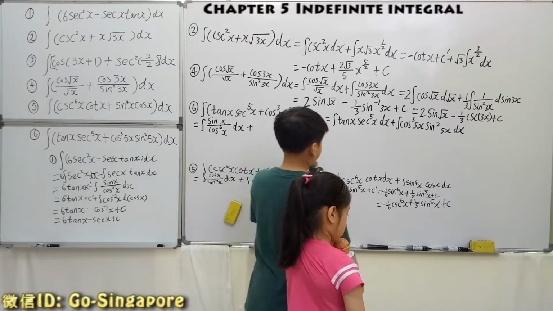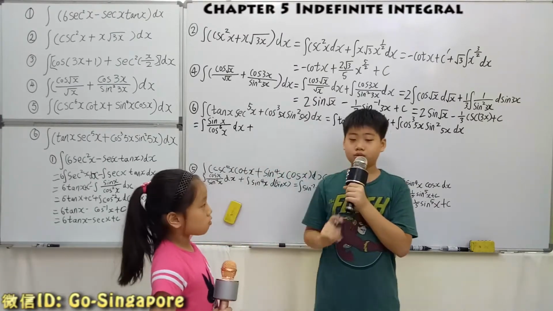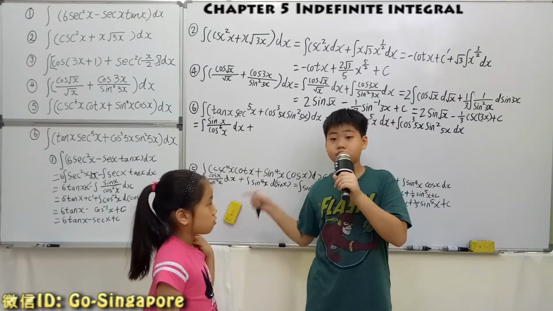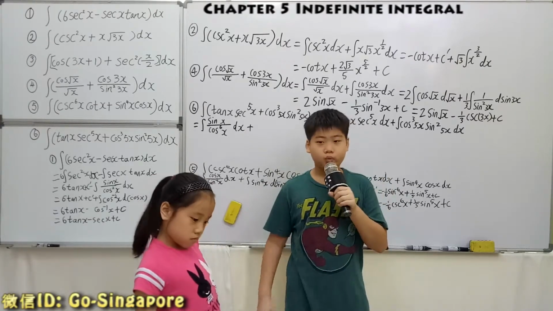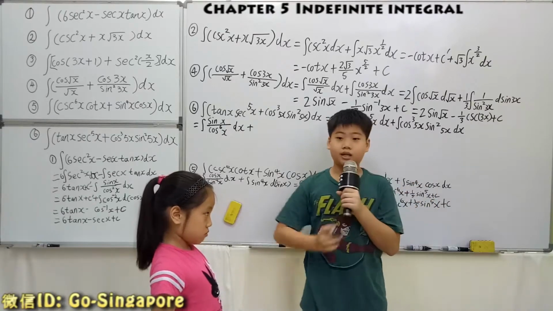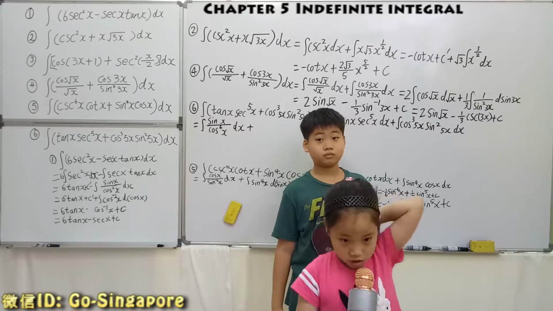Then you will have plus. So for this part, we can use sine square x plus cosine square x equals 1. Okay. So which one would you change? Would you change the sine or would you change the cosine? I will change the sine.